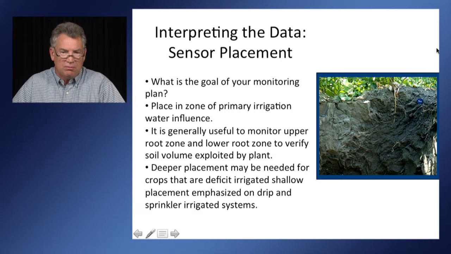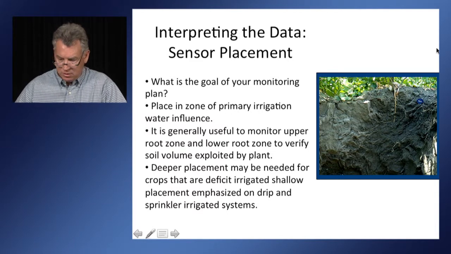Deeper placements may be needed for crops that are deficit irrigated or that have more infrequent irrigation events, such as furrow or flood type irrigation. In the case of sprinkler and drip irrigated sites, a more shallow placement tends to be what is more useful.